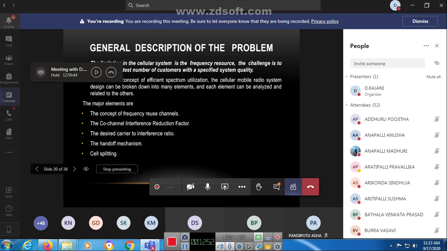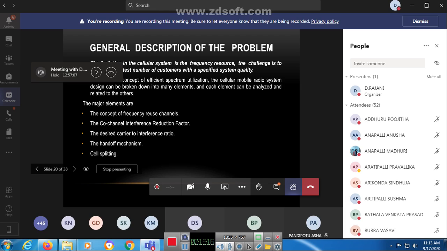Next, another type of cell is the pico cell. Micro means 0.1 to 1 kilometer, pico means 0.01 to 0.1 kilometer. This is considered for offices, and low power means up to 1 watt, that is the pico cell.